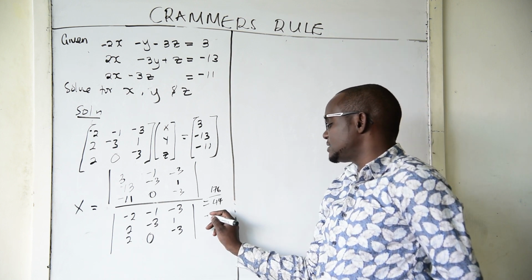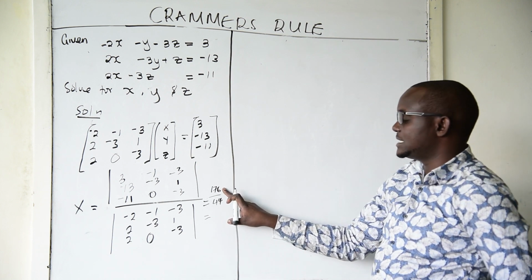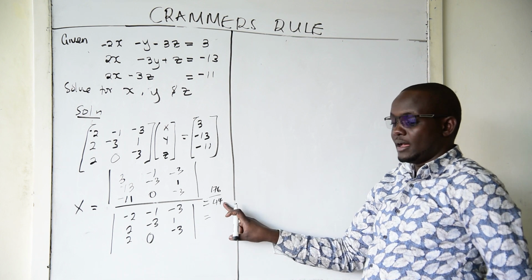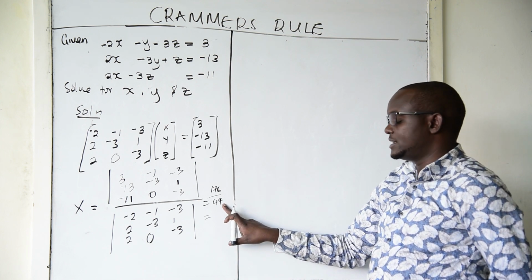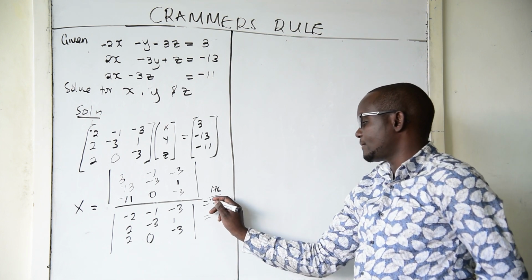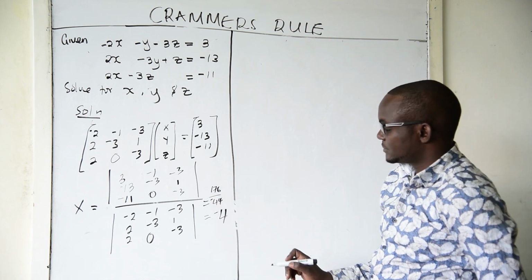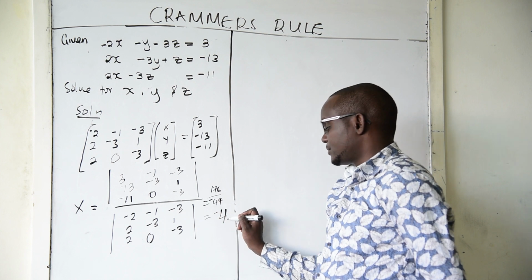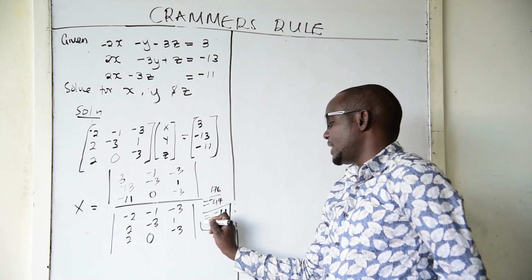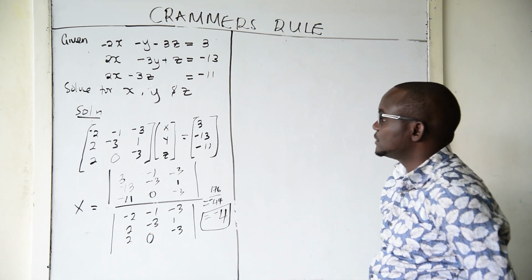If you solve this, you realize 176 divided by negative 44, you'll get negative 4. That means your x is equal to negative 4.